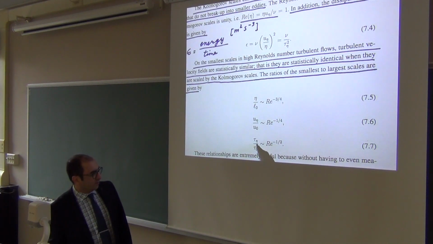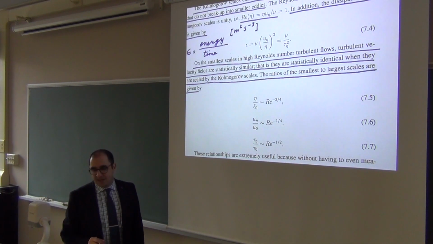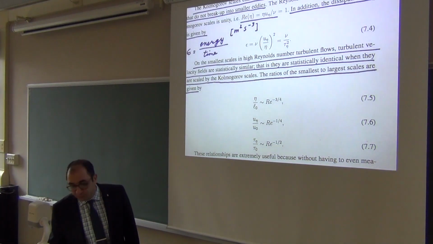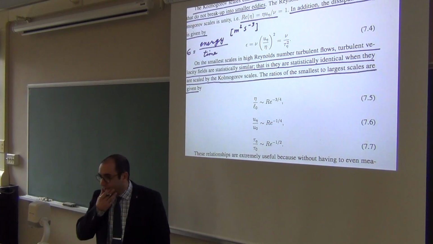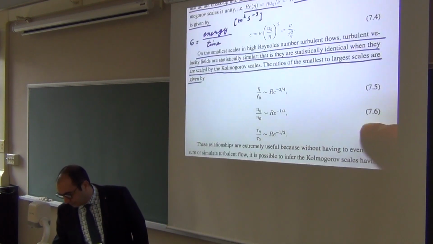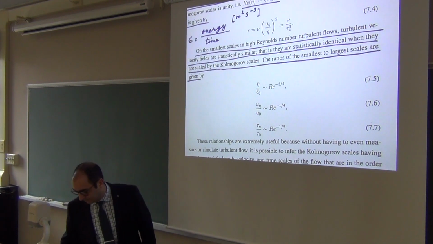The time constant for the Kolmogorov eddies over the time constant for the largest eddies scales with Reynolds number to the power of -1/2. And these are really powerful scaling relationships, because you can start with a very complex flow and develop a simple model to model it.